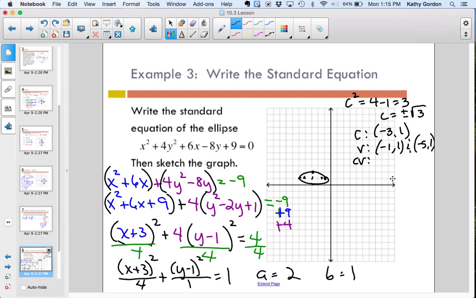Co-vertices? Foci? -3 minus root 3, 1. There you go.